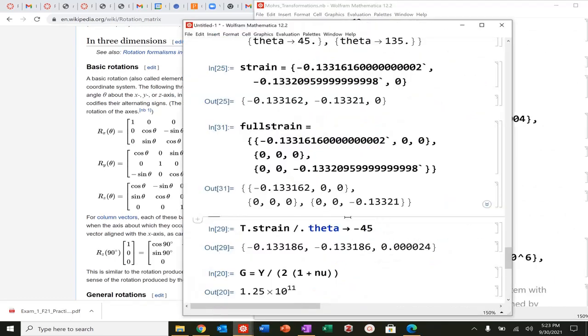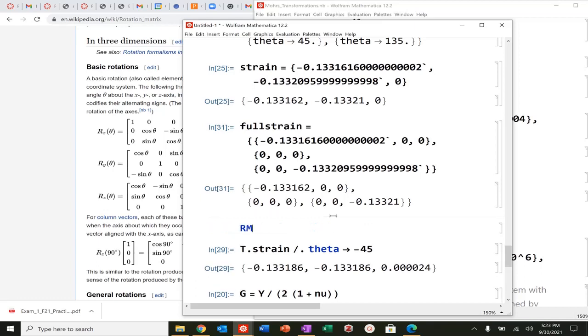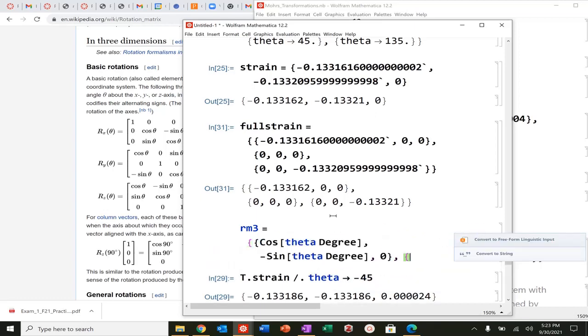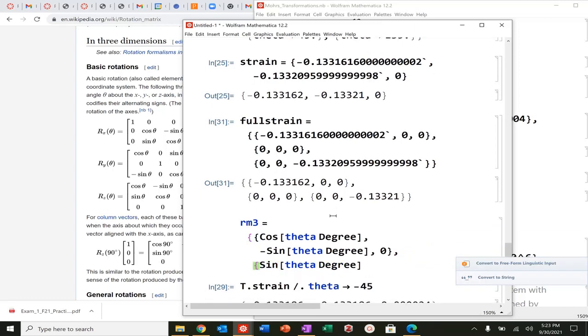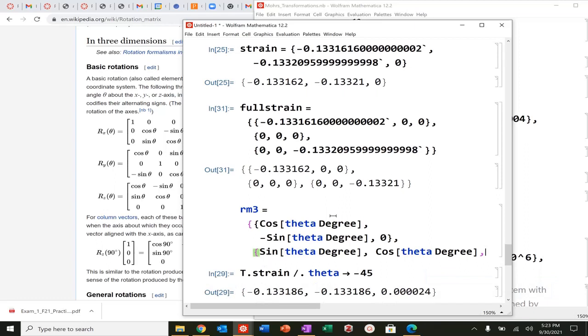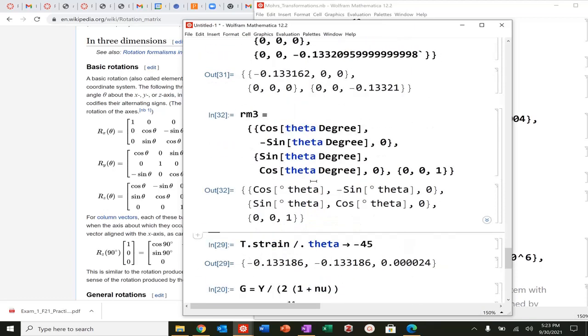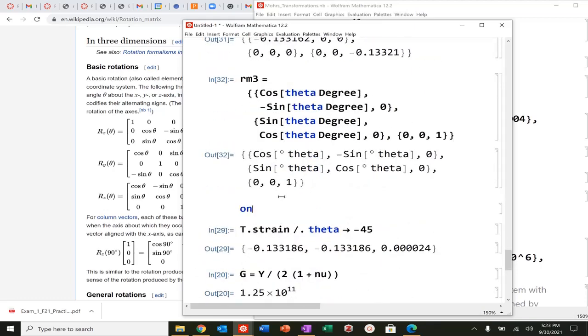I'm going to say my rotation RM3 equals cosine theta degree, minus sine theta degree, 0, then sine theta degree, cosine theta degree, 0, and then 0, 0, 1.